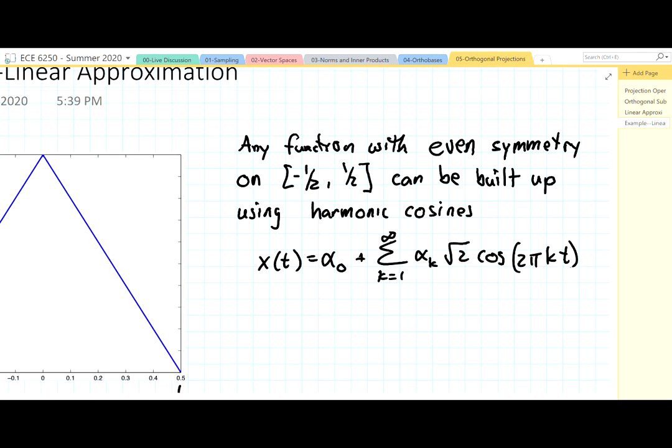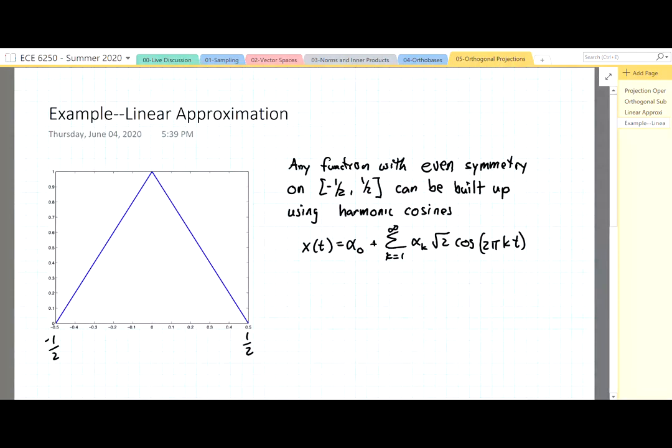So basically, this is all based on the fact that we have a Fourier series, and if it's an even function, you could do a Fourier series expansion and get rid of all the sine terms because the sine would be odd. And also, this can be viewed as a basis expansion.